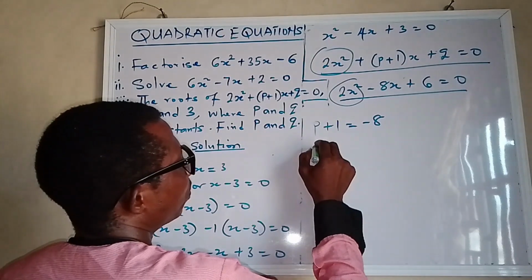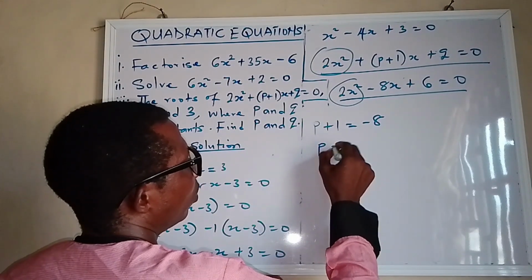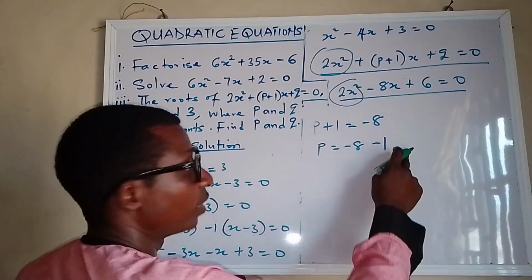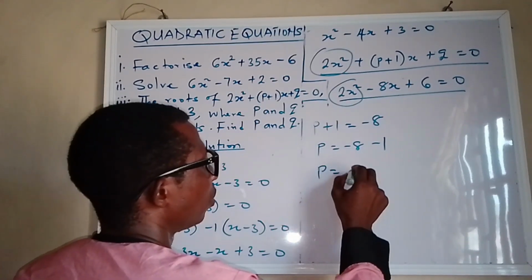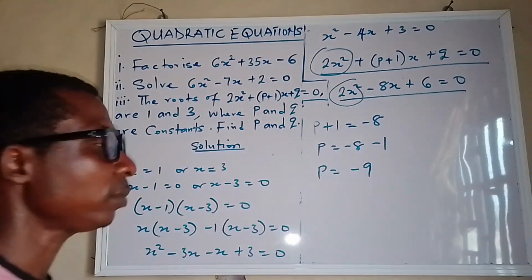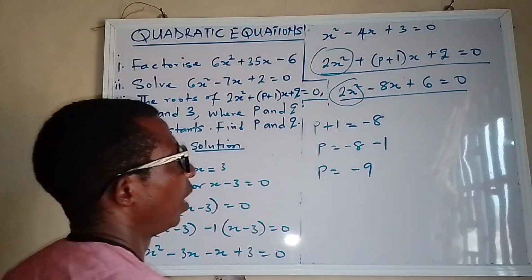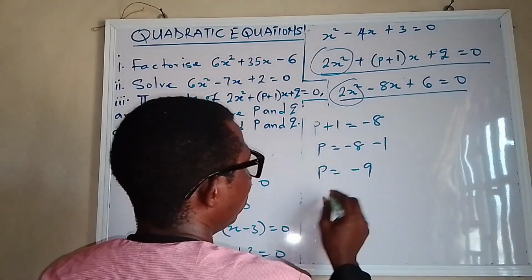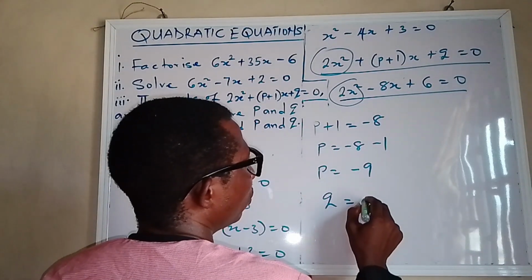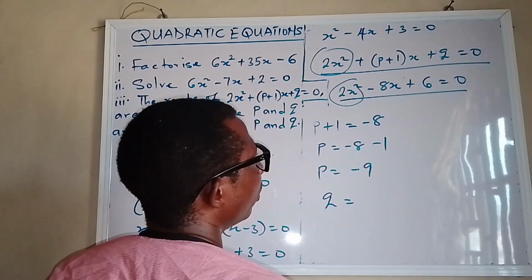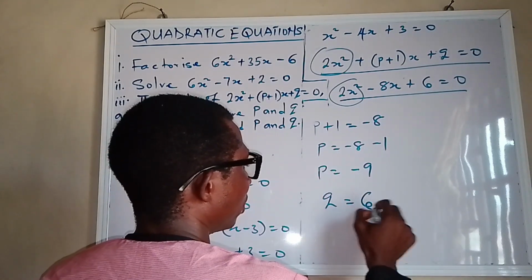So that means p will be equals to minus 8 minus 1. When this one comes here, the sign changes. So we have p equals to minus 9. All right? So let's look at this one. q will be equals to 6.